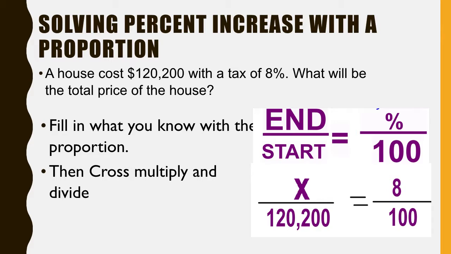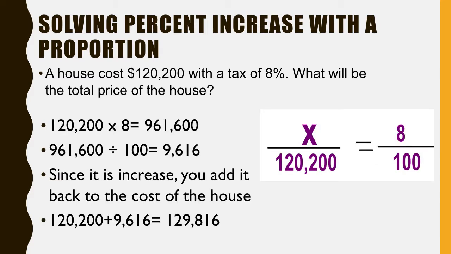Then do you remember how to solve a proportion? Good, we cross, multiply, and divide. Make sure you copy these steps in your notebook. And now let's go through it in the calculator together.